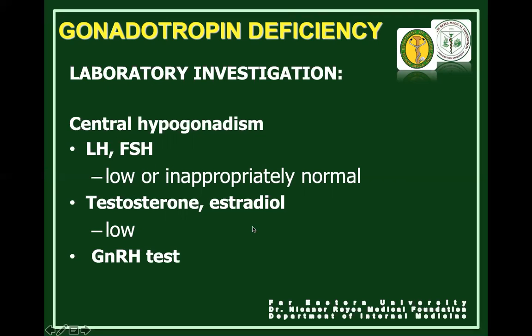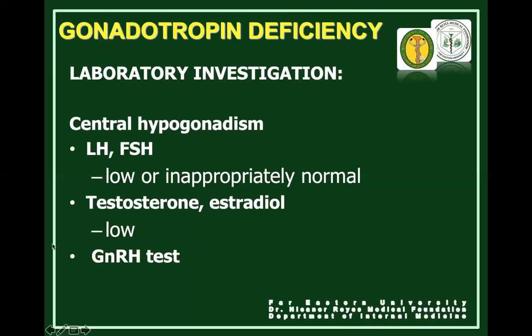Now, for females, it's enough to just check the estradiol, and usually this is low. And in males, you can check the testosterone, and usually it is low. If you want to test them together, it's also okay. Both should be low. You can also take a confirmatory test by doing a gonadotropin releasing hormone test.